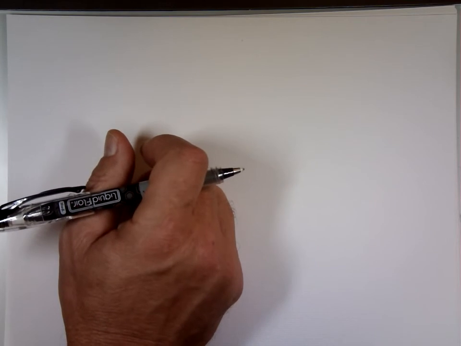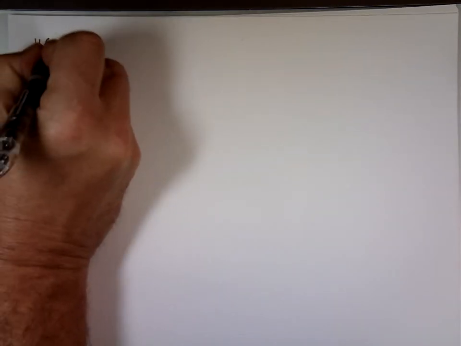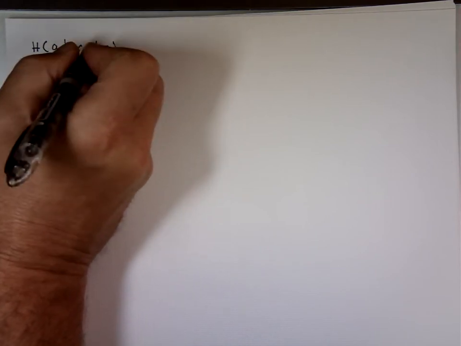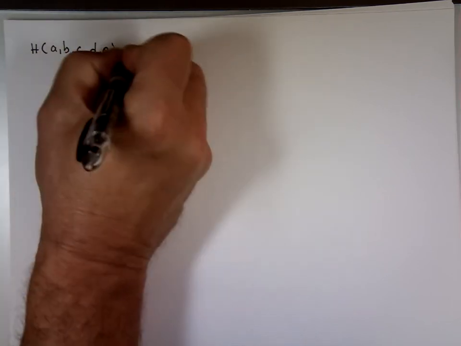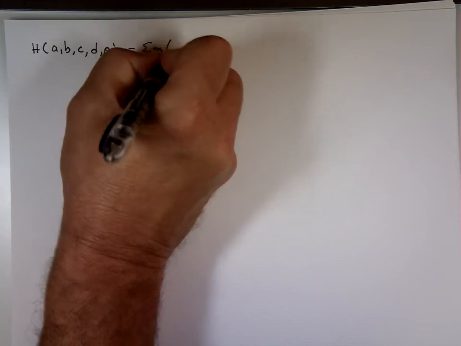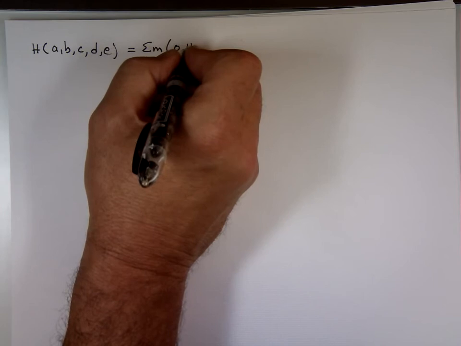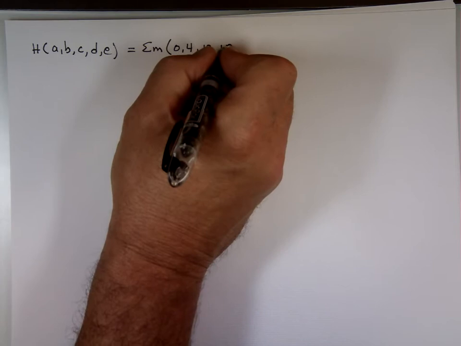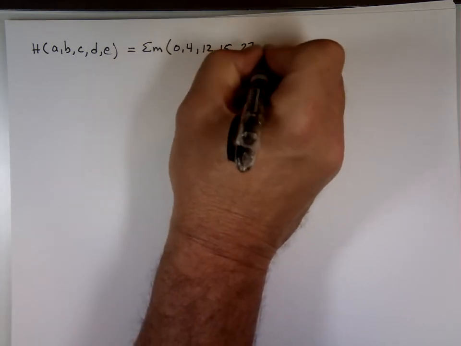Here we go. F of A, B, C, D, and E, 5 variables. It's the summation of 0, 4, 12, 15, 27, 29, 30.